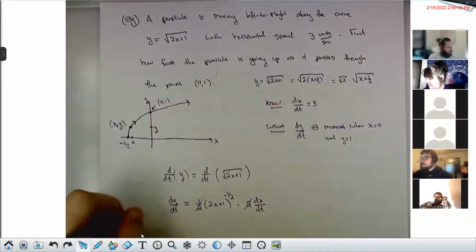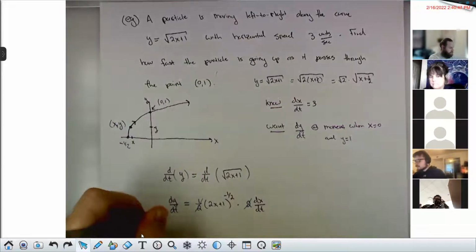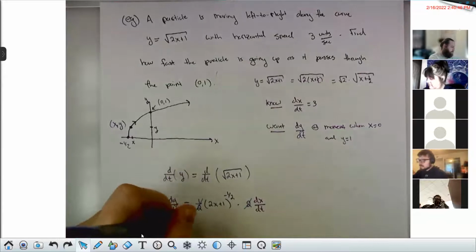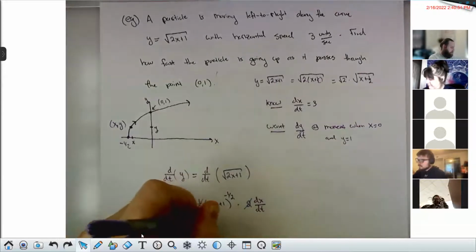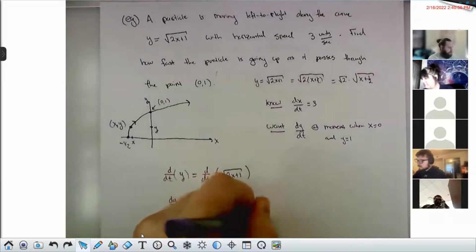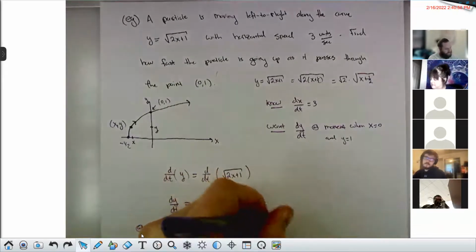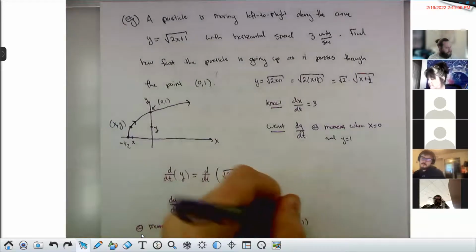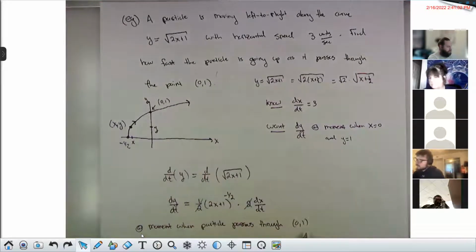So at the moment when the particle passes through (0, 1), x is equal to 0, y, if there were any, but there aren't, is equal to 1. And the other thing we know, dx/dt, that's always 3.